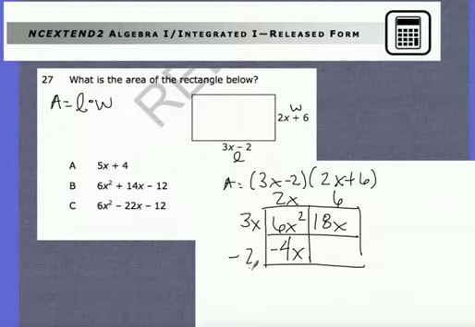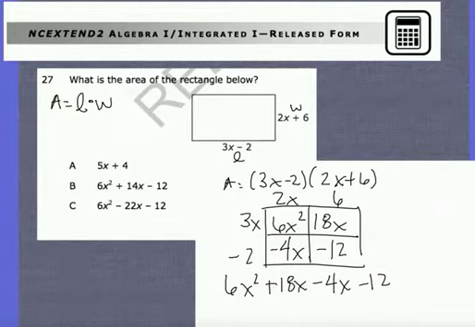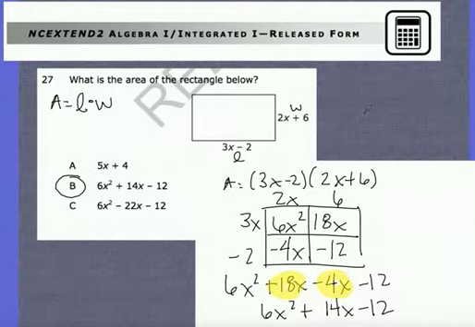And inside this box, we would say negative 2 times 6, which gives us negative 12. So then we would say 6x squared plus 18x minus 4x minus 12. So then we would find our like terms, which would be 18x and negative 4x. And so that would be 6x squared plus 14x minus 12, which would be B.